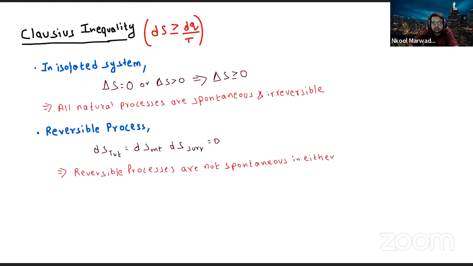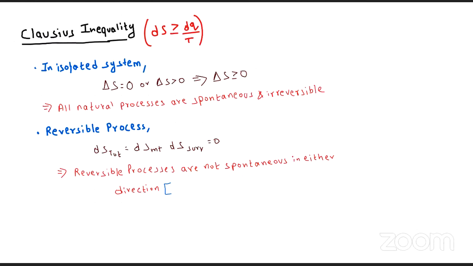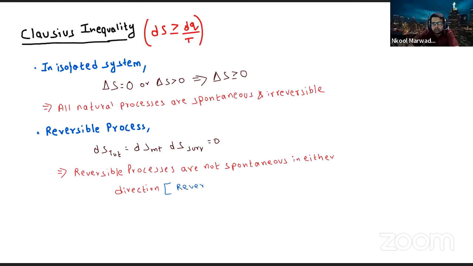It means that reversible processes are always at equilibrium. Very important. They are not spontaneous in either direction. They will not take any particular direction. They will keep on oscillating, and that is what equilibrium is. The reversible processes are at equilibrium.